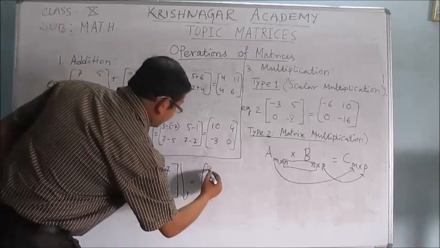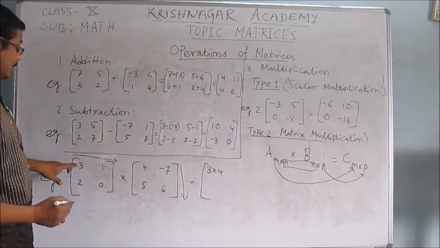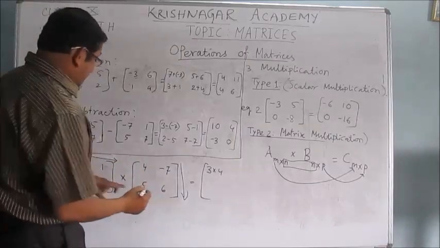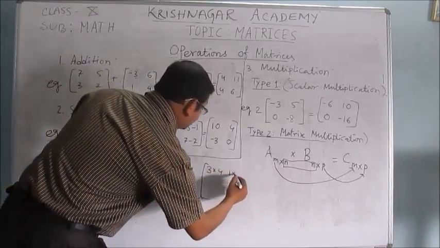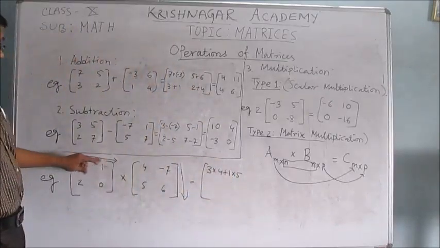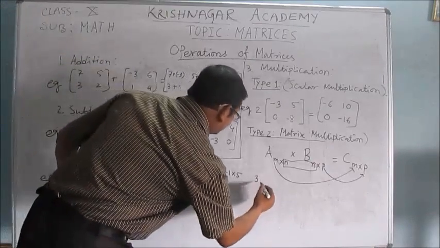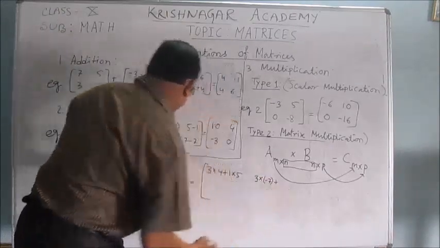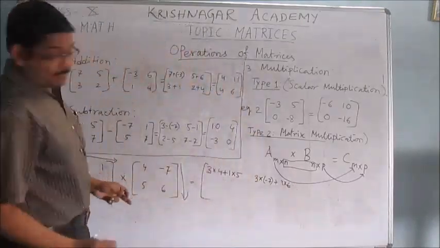Let's see 3 into 4, because this row first element is 3 and this column first element is 4. The next element is 1 and this column next element is 5. So product of these two, 1 into 5, and between these two products we have to add. Next, first row second column. First row first element is 3. Here minus 7 plus 1 into 6.